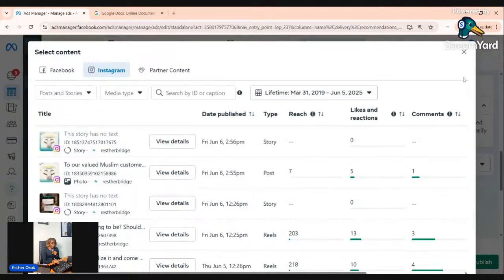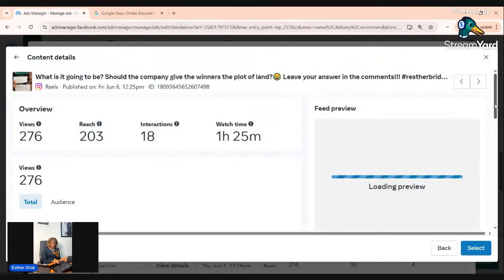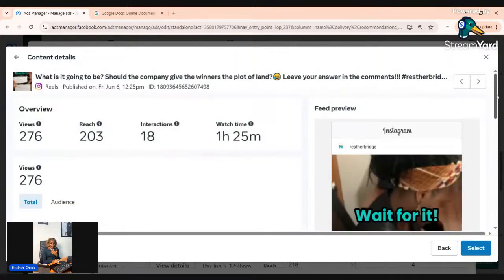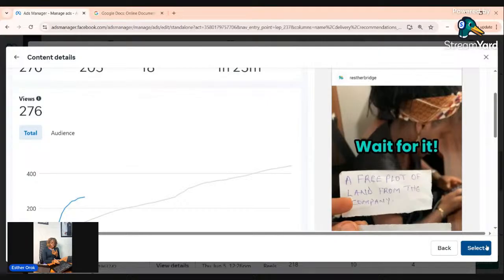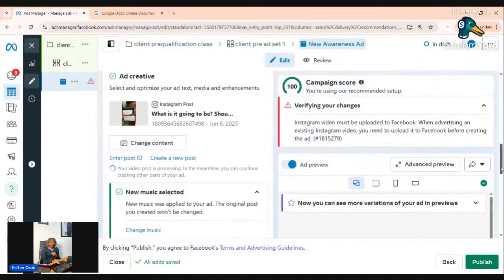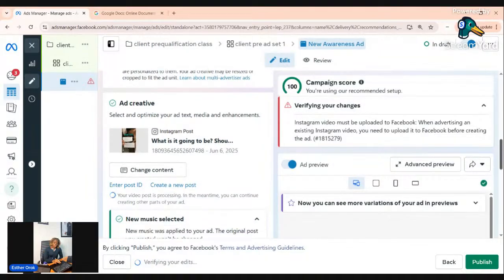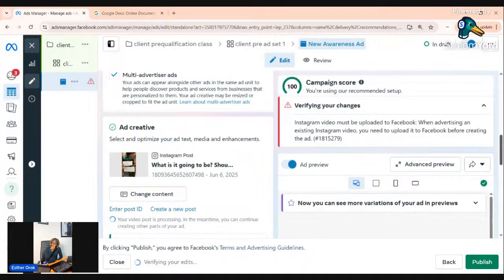And remember what I always say about ads. How do you pre-qualify your content for ad? If an ad has done well as a video, that means there's a possibility that this ad would do well as a paid ad.